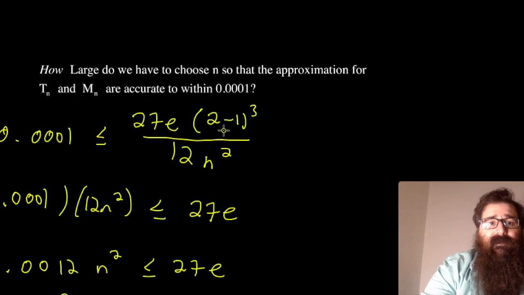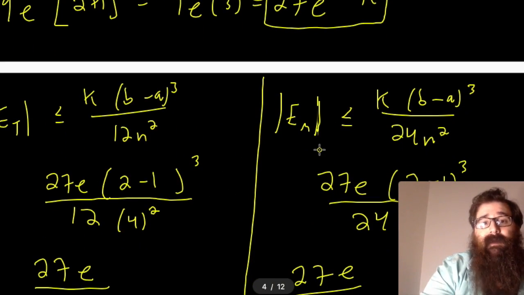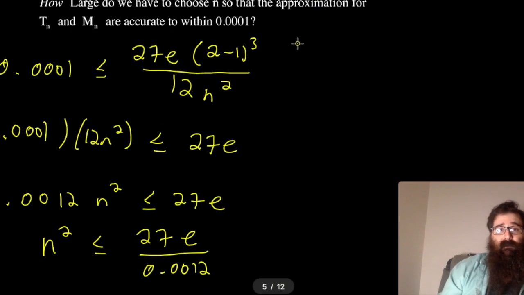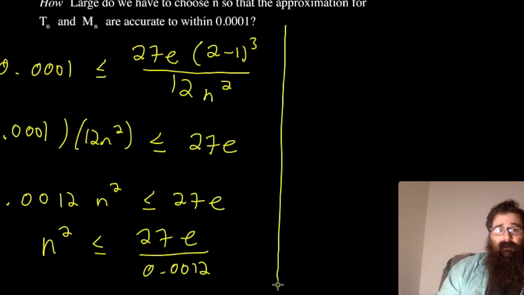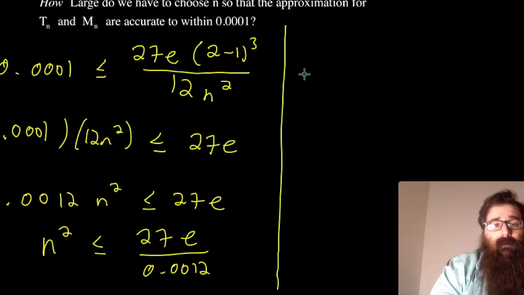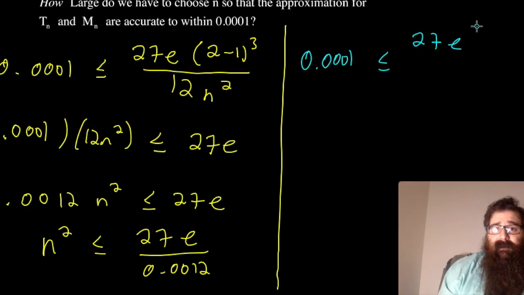And then we can go ahead and do the same working with our midpoint rule. Similar computation, and we're still saying that we want the error to be this 0.0001. So we'll just do this one very briefly. That'd be 27e, 2 minus 1 cubed divided by, now this is 24n squared.